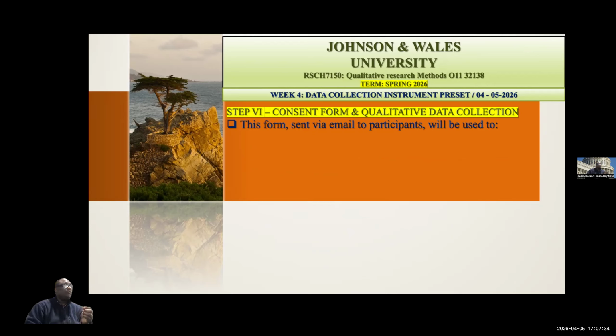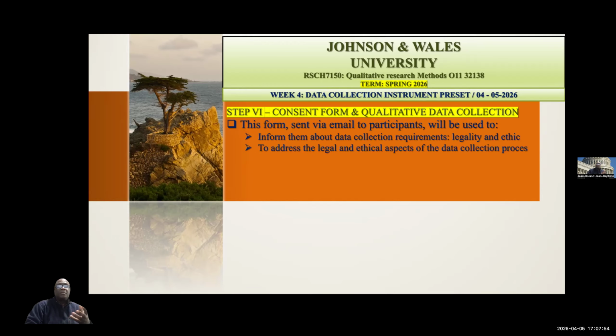Why? In order to inform them about data collection requirements, which means the legality and ethics. I gave more clarification to address the legal and ethical aspects of the data collection process, because doing qualitative research or collecting data is very, very important.